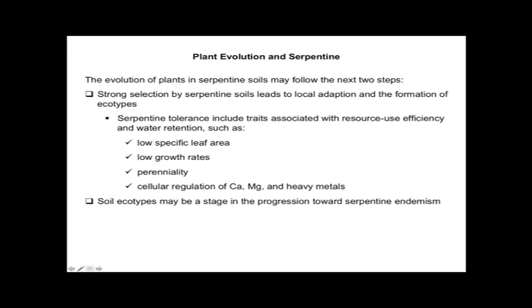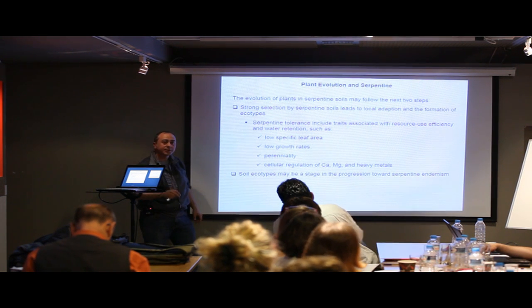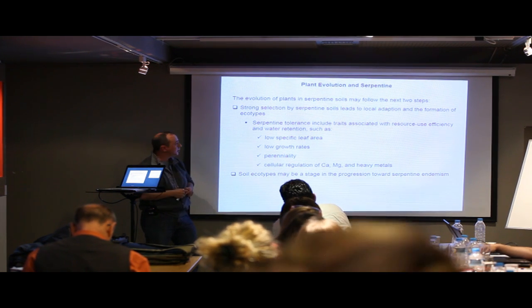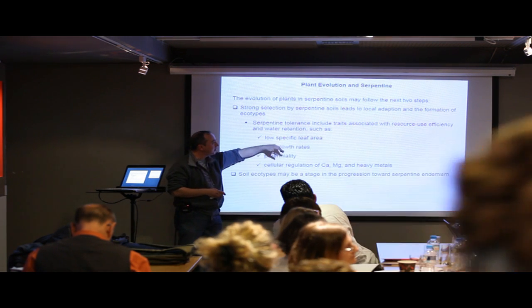The evolution of plants in serpentine areas may start with these two steps. Firstly, a strong selection of serpentine leads to the formation of certain ecotypes of plants, of adapted populations of a plant species, which is differentiated gradually from the other populations of the same species and comprise an ecotype. And we can see in serpentine areas that plants that can succeed growing in these areas have some special traits.